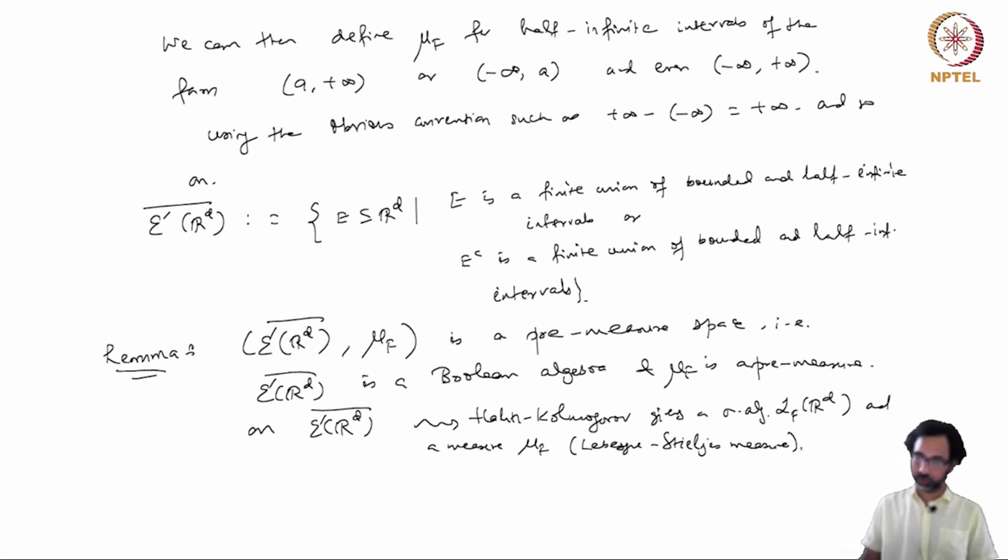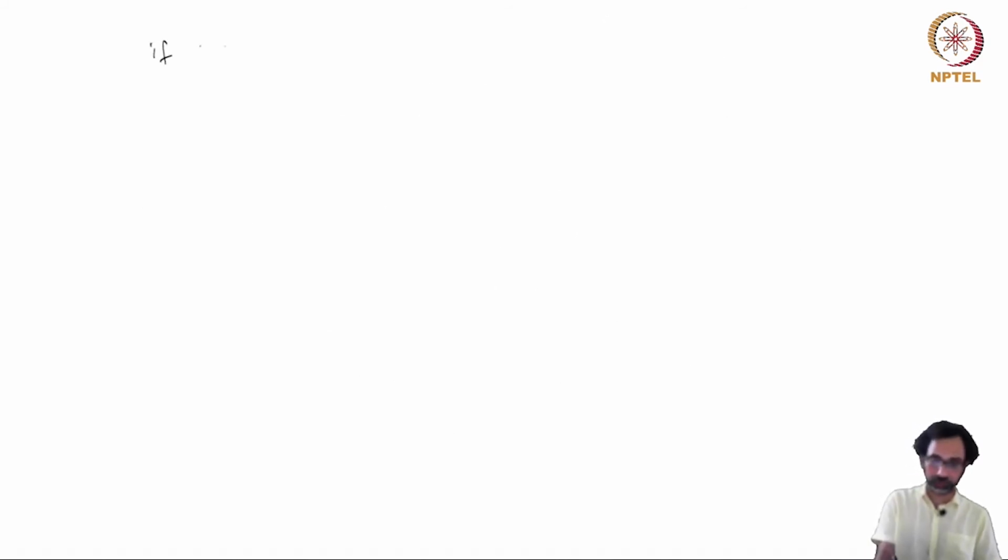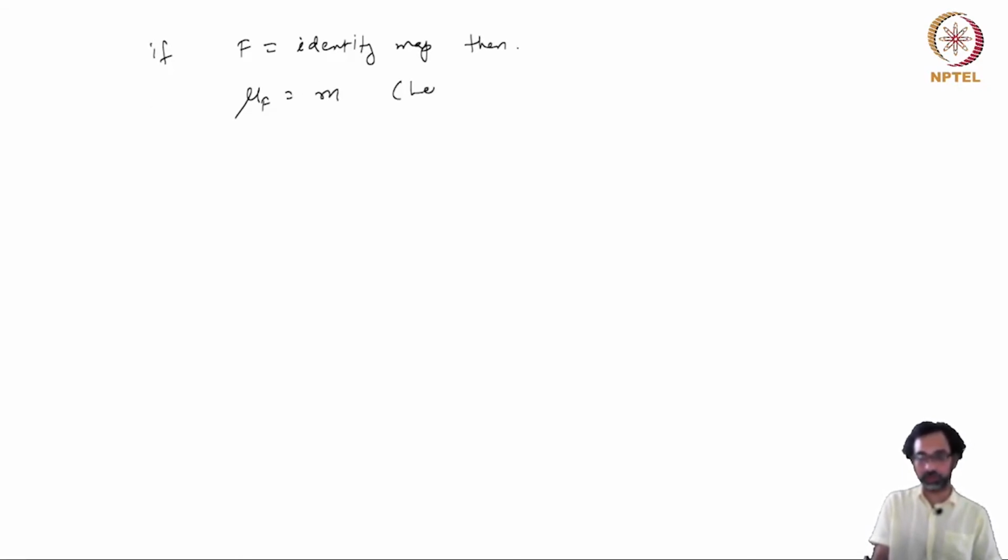In particular, a particular example of a Lebesgue-Stieltjes measure is if f is equal to the identity map, then this mu f is nothing but the Lebesgue measure.